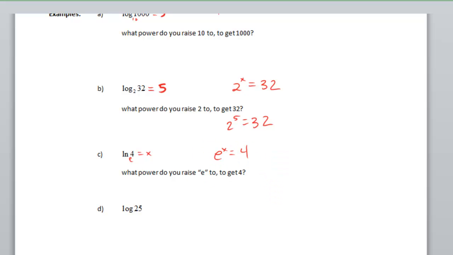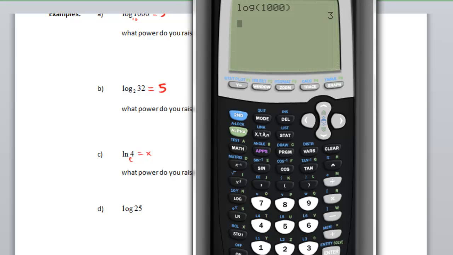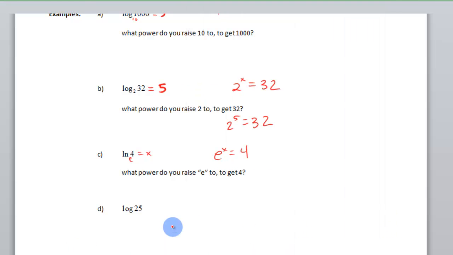But if we just grab the calculator, I just take natural log of 4 on there. 1.3862, so 1.39. So x is approximately equal to 1.39, right? Otherwise, you can say natural log of 4 is approximately equal to 1.39 rounded off to 2 decimal places.